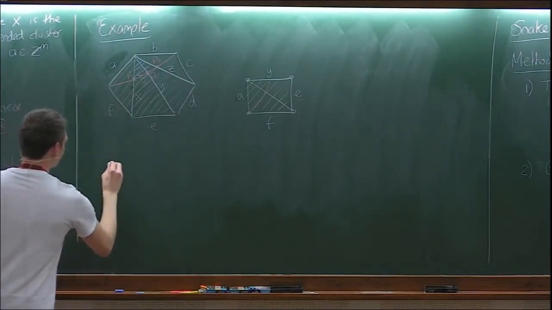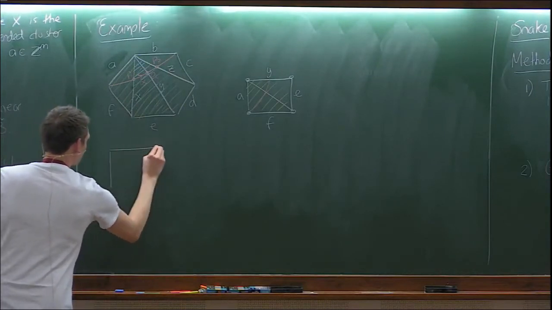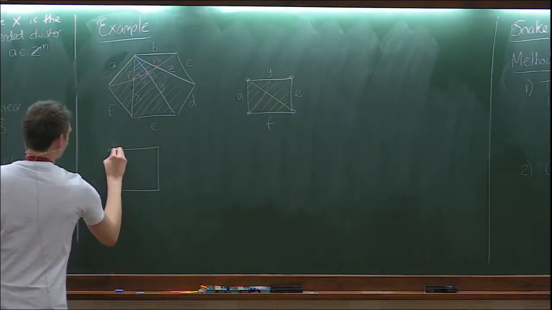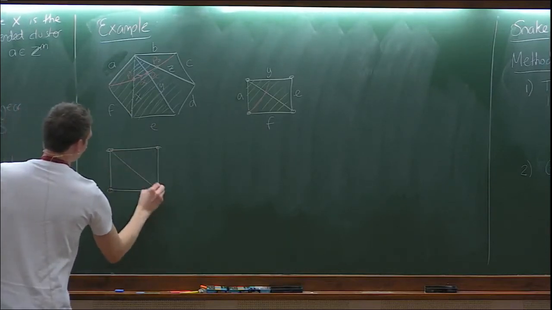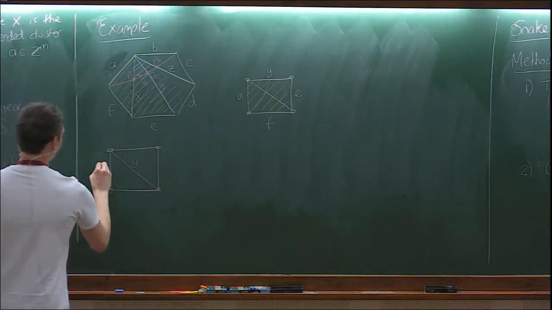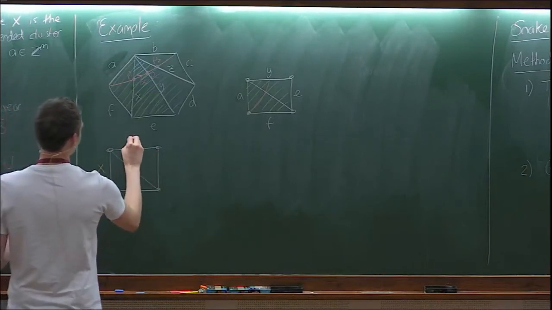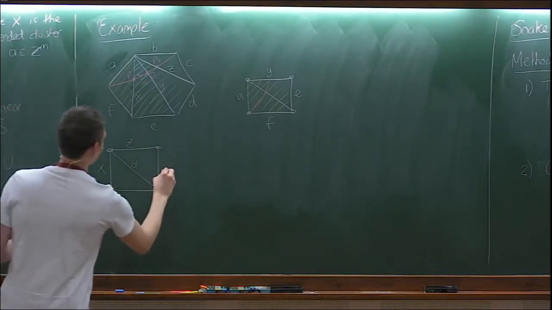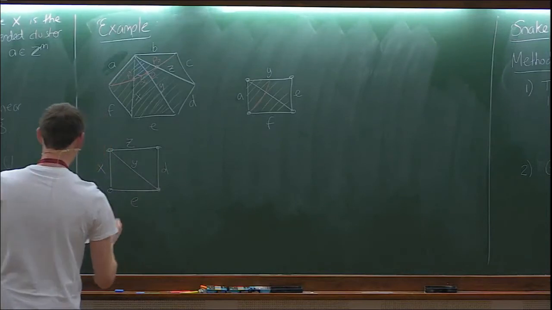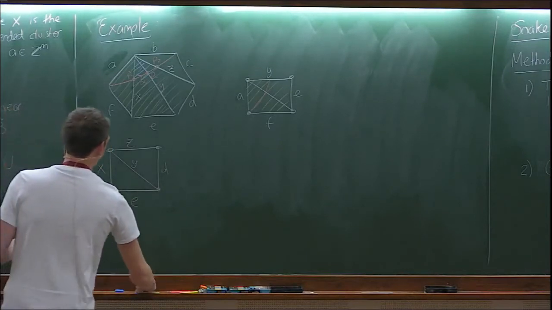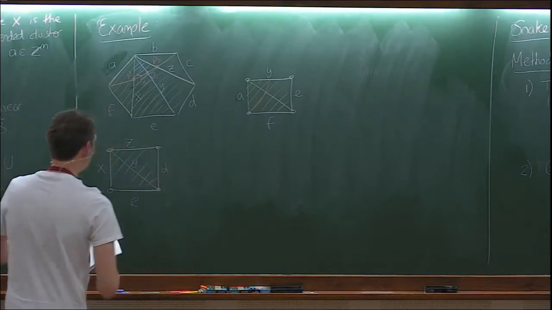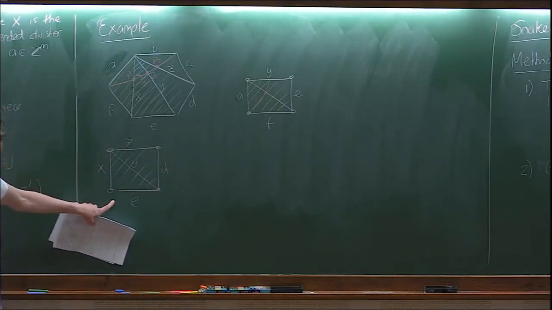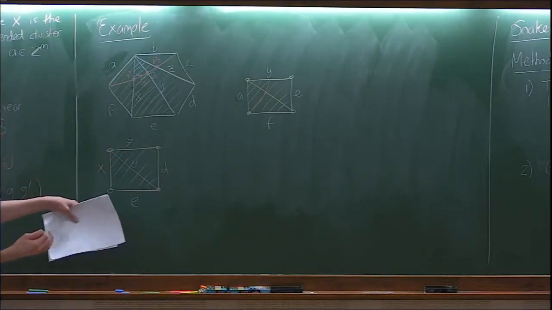Okay, and so let me just draw this tile out here. So what does it look like? It has X, Z, D, and E, I guess. But we were told not to look at this tile, we were told to look at its mirror image, yes?